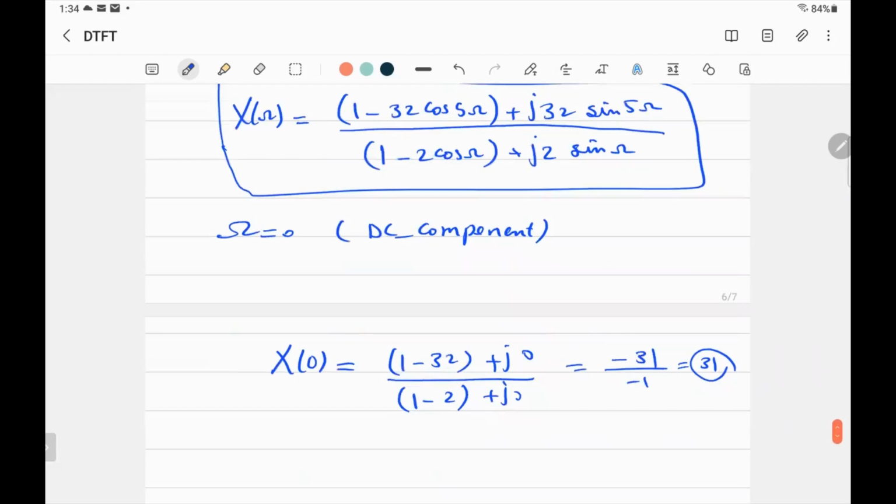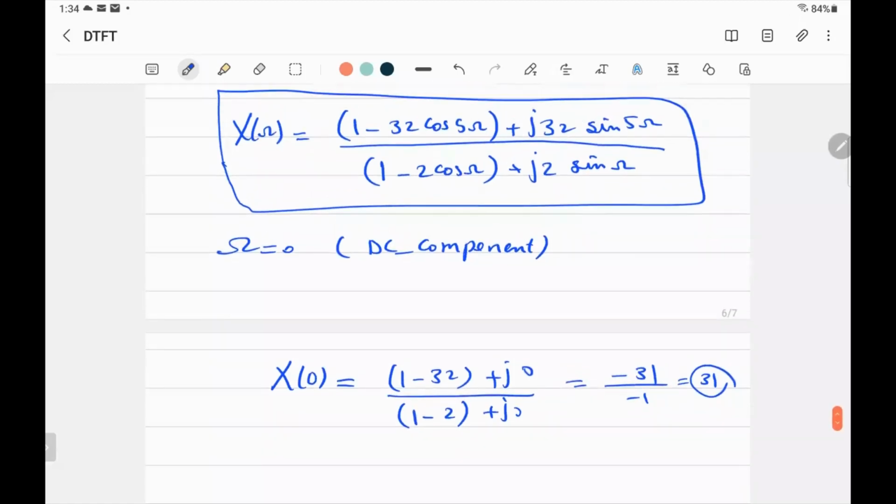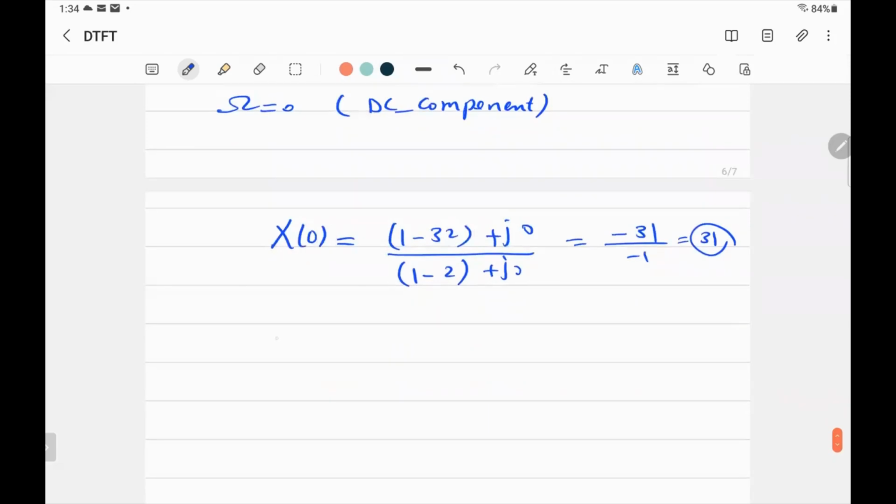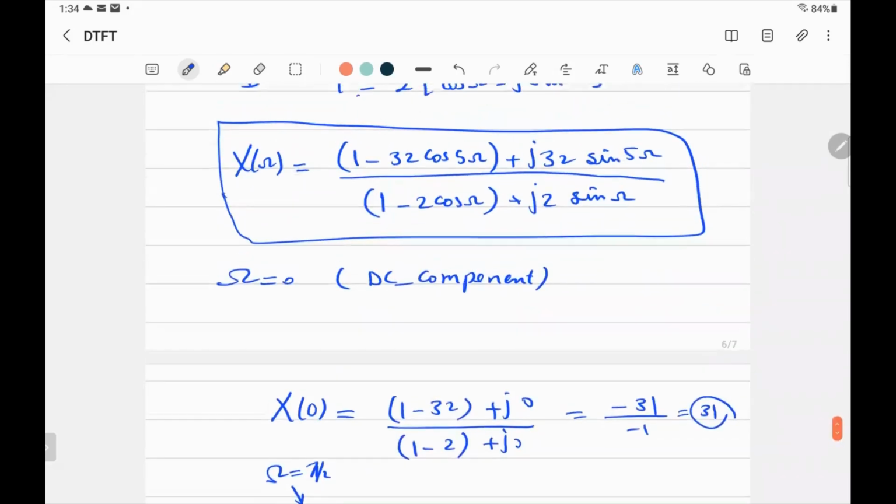Well, maybe you are interested in some other frequencies. Let me check pi over 2. What about X of pi over 2? I'm picking omega equal pi over 2, so I will have 1 minus 32 cosine 5 omega.